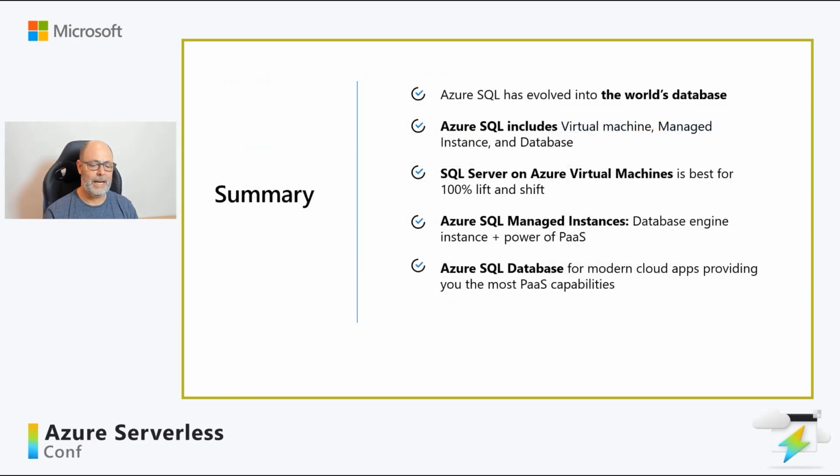So, as a summary, I can say that Azure SQL has evolved into the world's best database engine. Azure SQL includes, as I said, virtual machine, managed instance, and Azure SQL database. And the fourth component is Azure SQL Edge, which is SQL Server running on an ARM device.